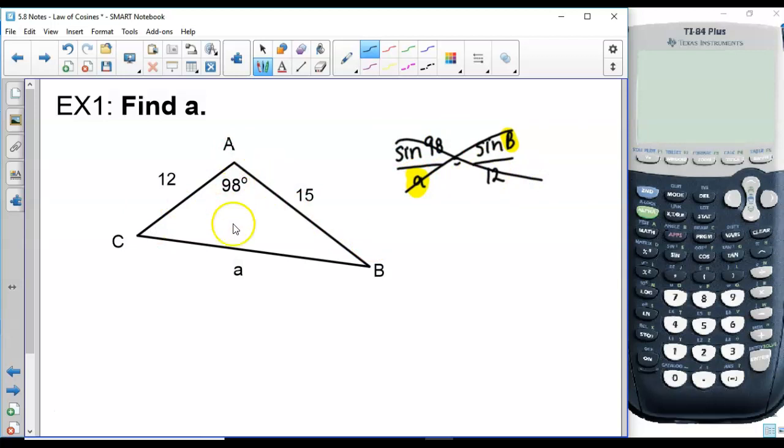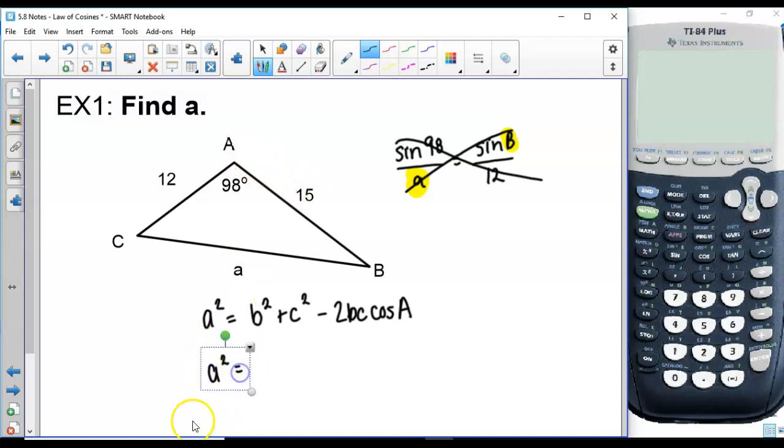So, in this case, side A is the side we're trying to find. That means we're going to use that top rule that says A squared equals B squared plus C squared minus 2BC cosine of capital A. So we will not plug in anything for our A squared because we don't know what it is.